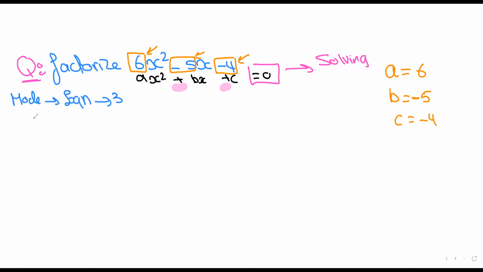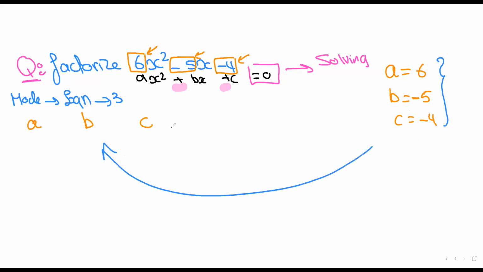Now, after pressing mode 5.3 or mode equation 3, this appeared on your calculator. What you will do is insert these in order. I'll put them here in the same order. How? Let's go together. First, press 6. I'm working on the calculator here, I hope you work with me.